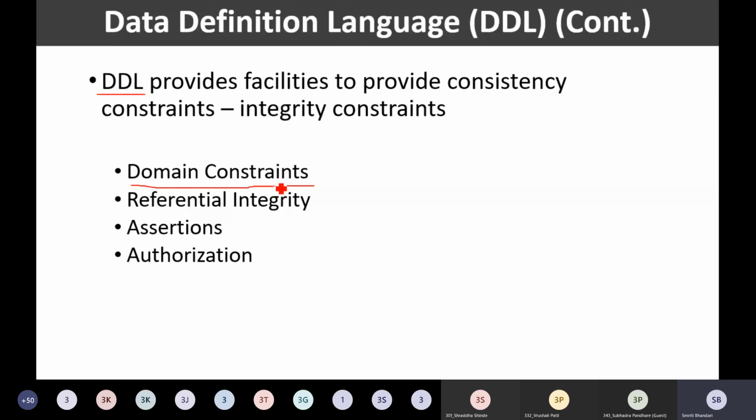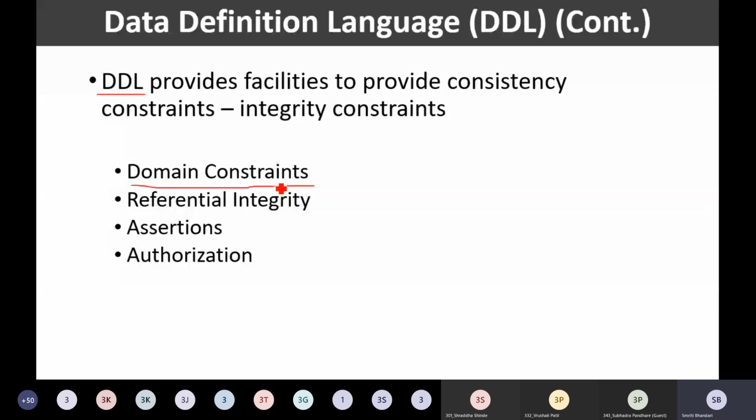So whenever I am saying that ID is of type character, then I need to input only character data, right, as the value for ID. Take total credits, one of the attributes of the student.